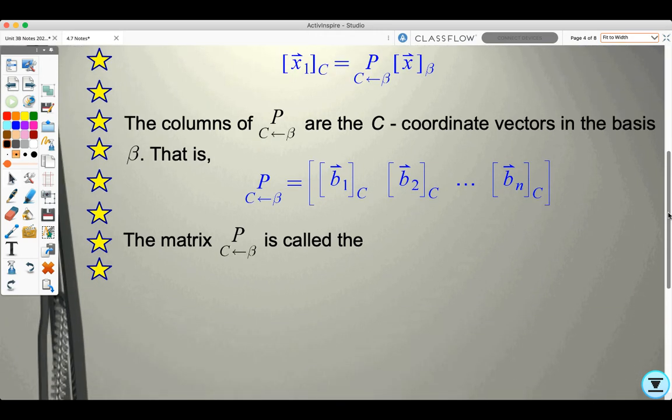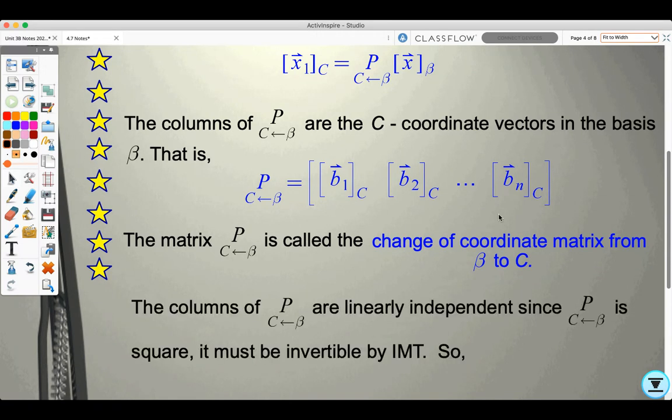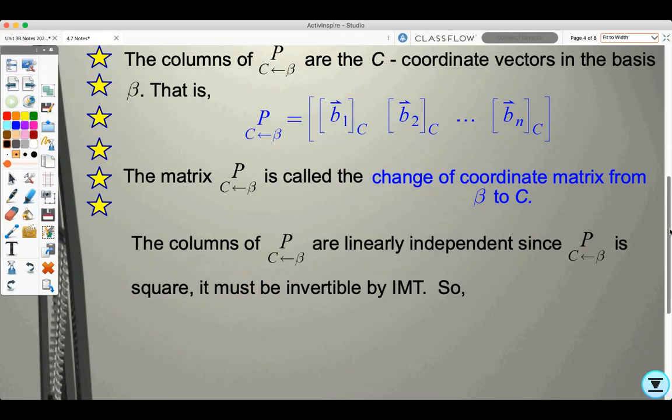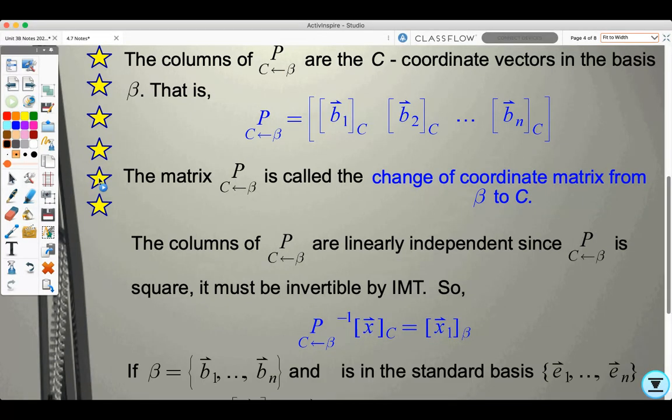The matrix P mapped from B to C is called the change of coordinate matrix from B to C. The columns of P that map from B to C are linearly independent since it is square, and it must be invertible by the invertible matrix theorem. So the inverse of my C coordinate vector is the B coordinate vector.